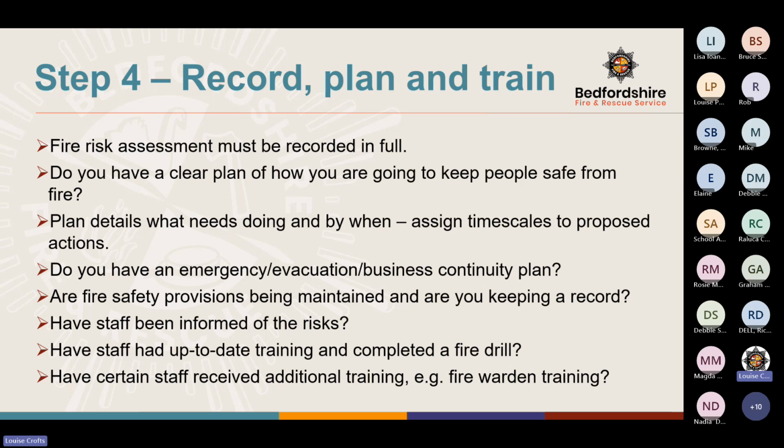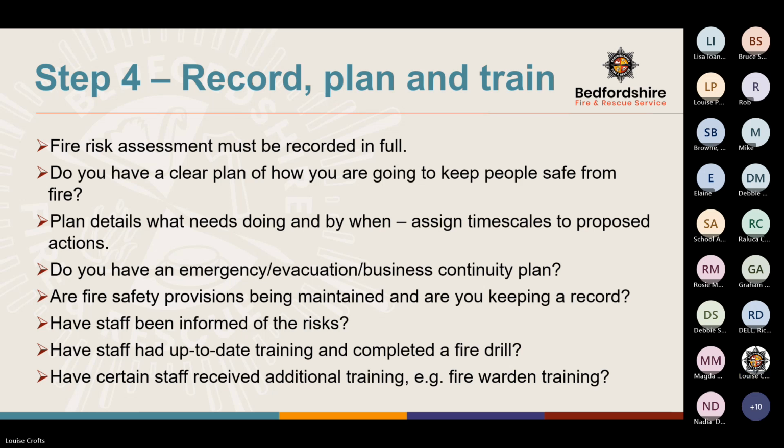So I think I've touched upon it previously, having that emergency plan, evacuation plan, knowing exactly what needs to be done. Also think about business continuity, something that often people don't consider. And particularly if your business is, like, a care home, you have to have a business continuity plan. It makes sense. What happens if there's a fire and you have to evacuate the care home?